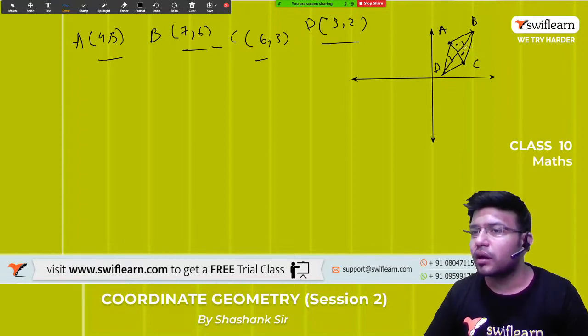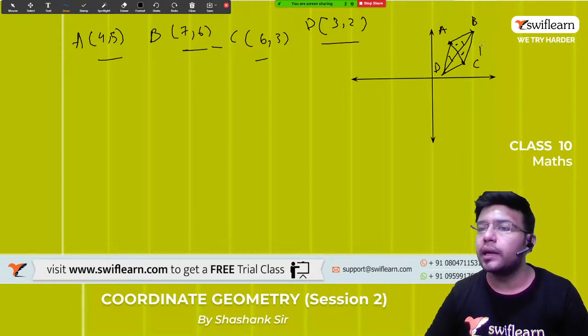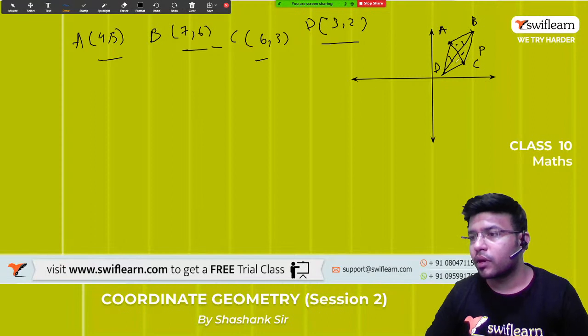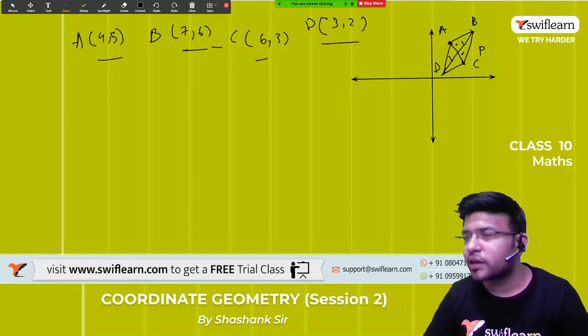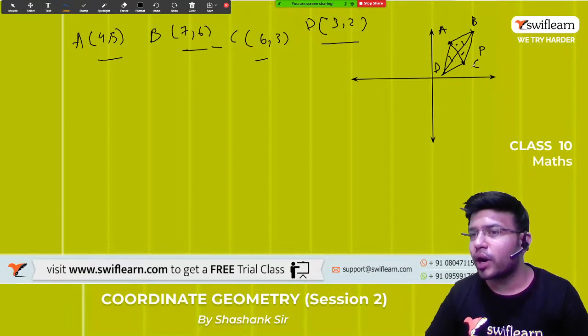Let the diagonals meet at the point P. Now find the coordinates of point P: find the midpoint of AC and the midpoint of BD. If the midpoints of both are the same, then the diagonals bisect each other. Okay?